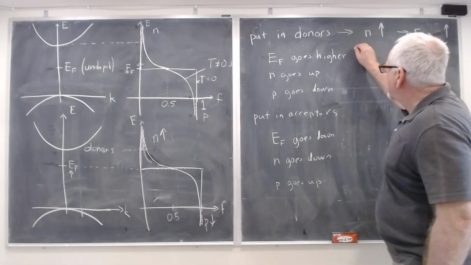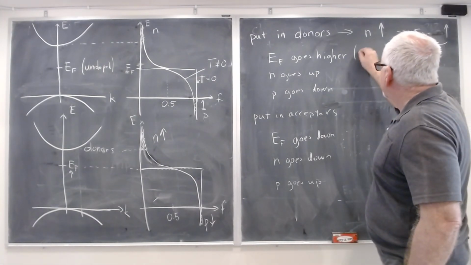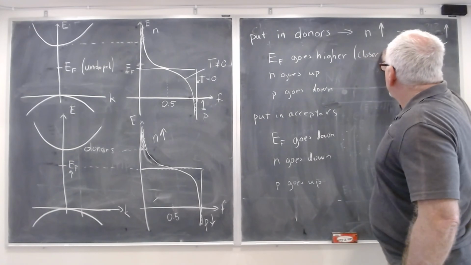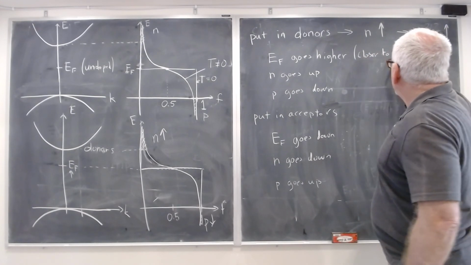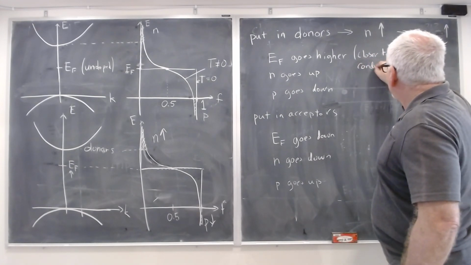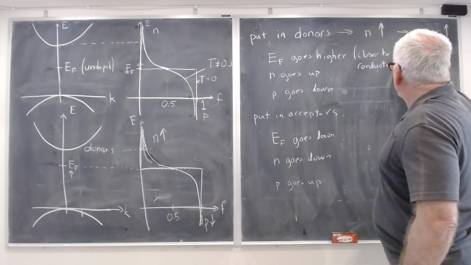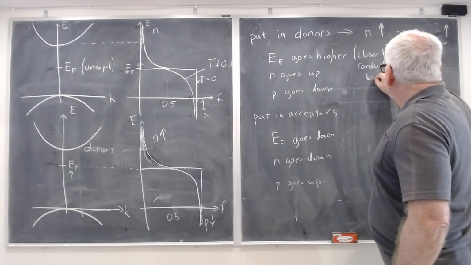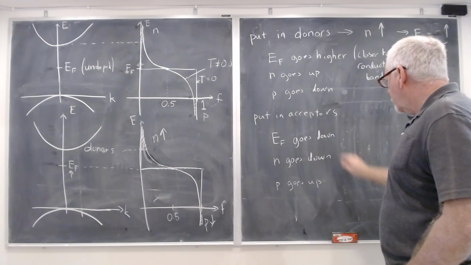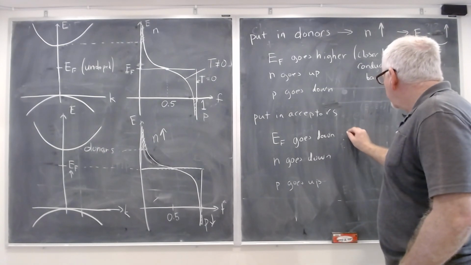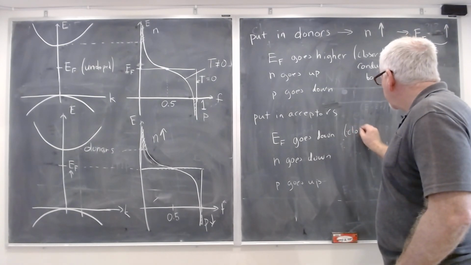And just to make clear, EF goes higher means it gets closer to the conduction band. And EF goes down means closer to the valence band.